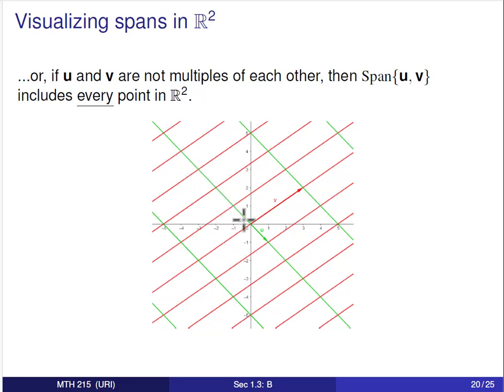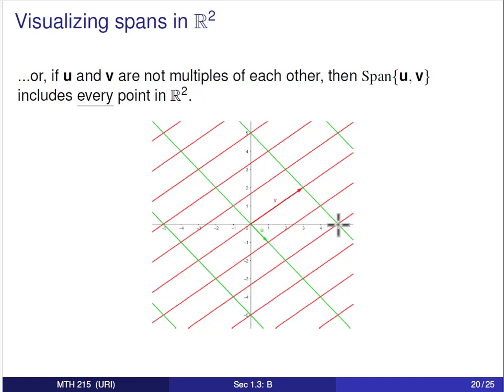But let's remember that with linear combinations, I'm allowed to scale either u or v and to add the two vectors together. If I were to take one u and one v and add those together, our parallelogram rule tells us that we would end up with the vector (4, -1). Now if I were to take 2u and 1v, add those together, that would give me the vector (5, 0).